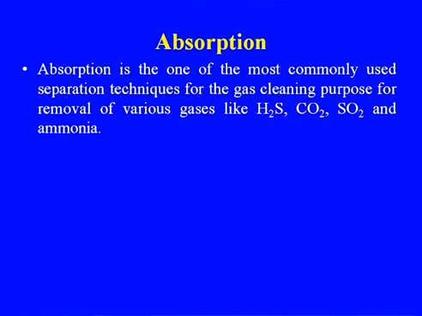Another process, as I told you, is absorption, which has been used in some form or other from the very beginning in the chemical process industry. It is one of the most commonly used separation techniques for gas cleaning, for the removal of various gases like H2S, CO2, SO2, ammonia, and even chlorine, for which we use some absorbents. Even in the process industry, in the manufacture of ammonium hydroxide, sulfuric acid, or oleum, we are using the absorption process.